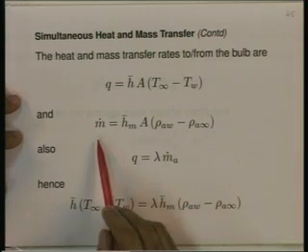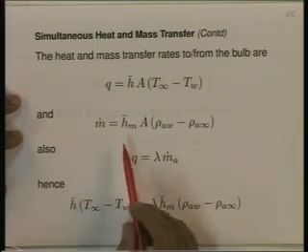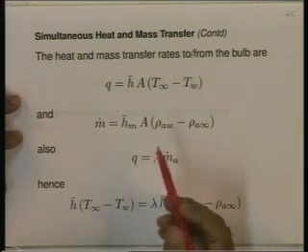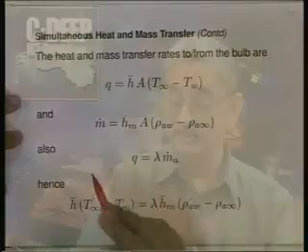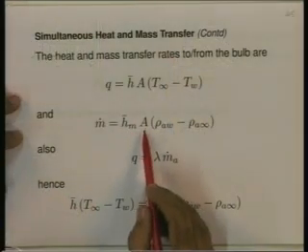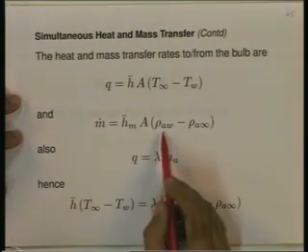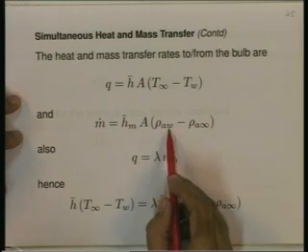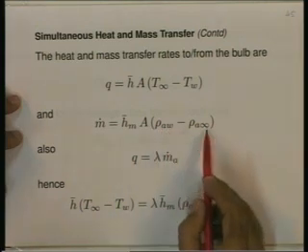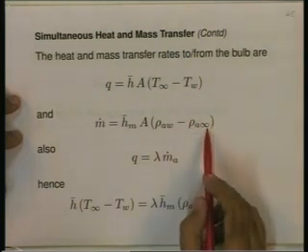The mass transfer of water vapor from the bulb to the air will be, assuming that the density of air does not significantly change due to this process, the average mass transfer coefficient into the area, the same area which is used here, multiplied by the density difference for water vapor at the wick, rho A W, minus rho A infinity, which is the density of water vapor in the free stream.